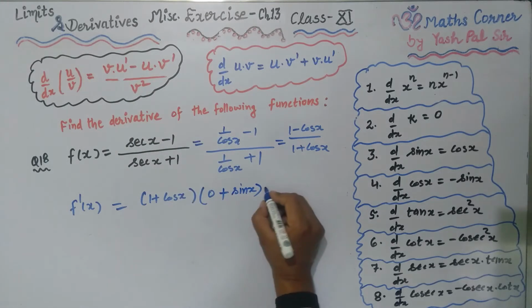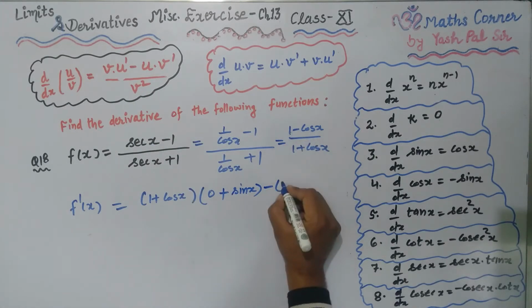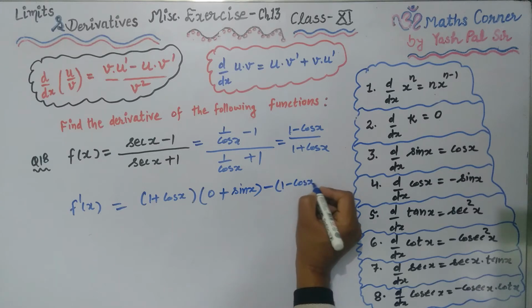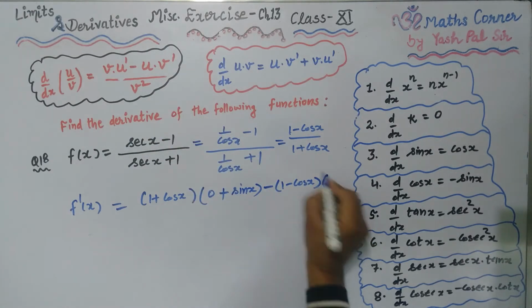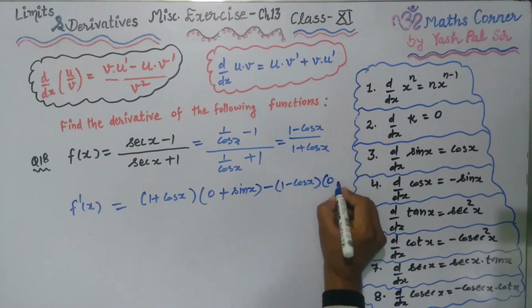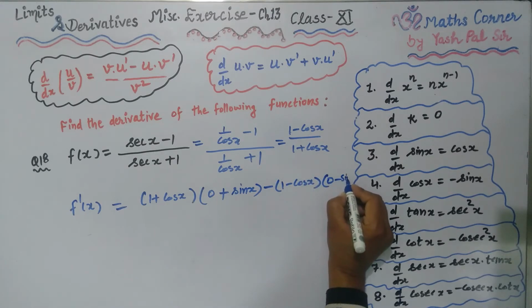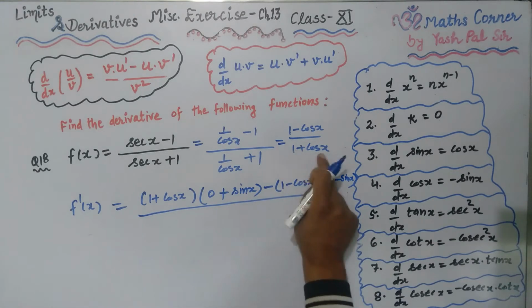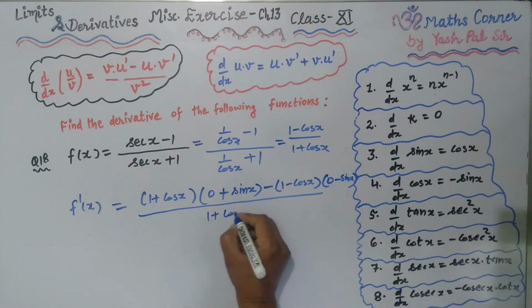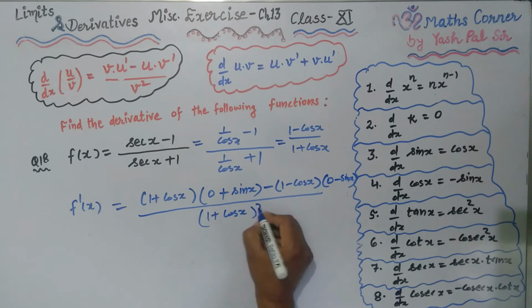Next is minus u. What is u? 1 minus cos x into derivative of denominator. 1 derivative is 0, cos x derivative is minus sin x. Divided by square of denominator, (1 plus cos x) its whole square.